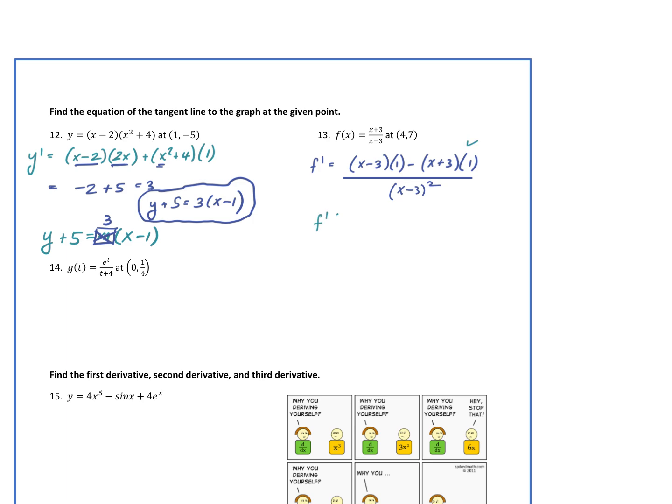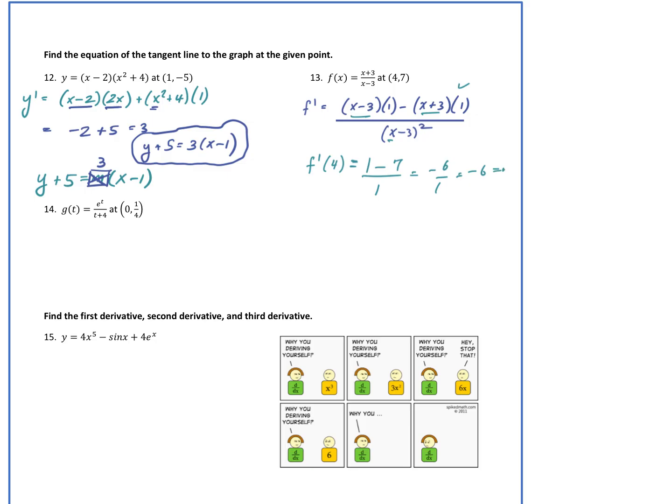I want f prime of 4. 4 minus 3 is 1. 1 times 1 is 1. Minus, plug in 4 here, you get 7. 4 minus 3 is 1. You get negative 6 over 1, which is negative 6. That's my slope. This is my m. You can say y minus 7 equals negative 6, and then x minus 4.